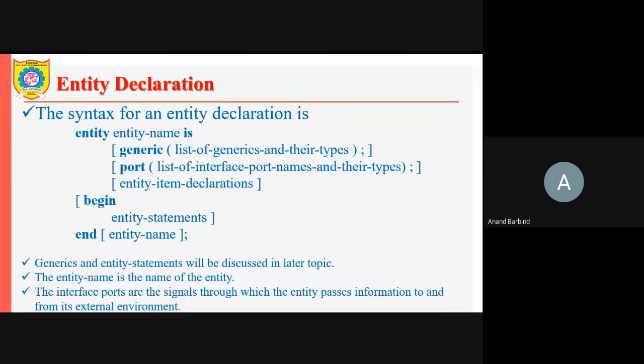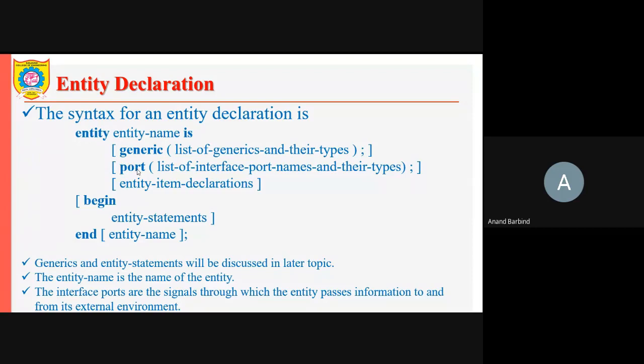Okay. So in this declaration, the generic statement, you can write any one of these. When you are going for entity declaration, how this generic declaration or the entity item declaration is done, we shall see in the later topics.